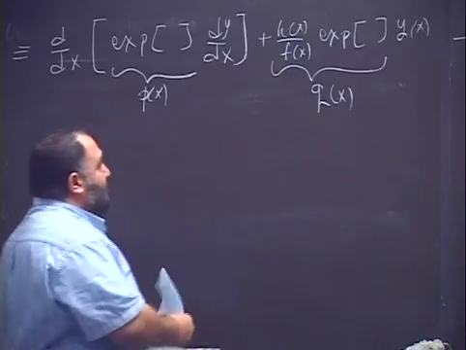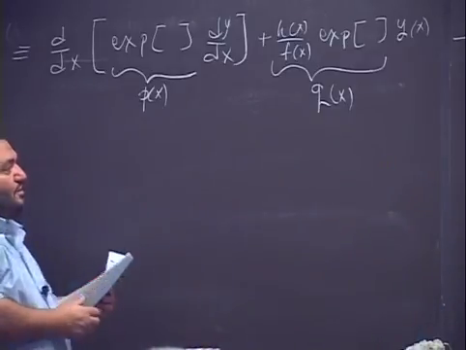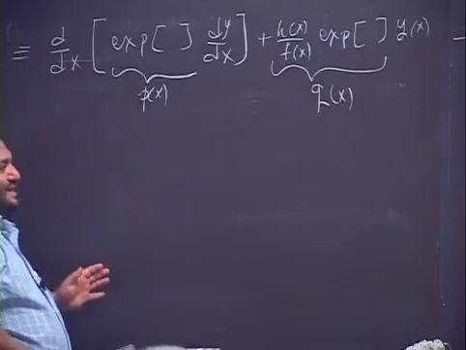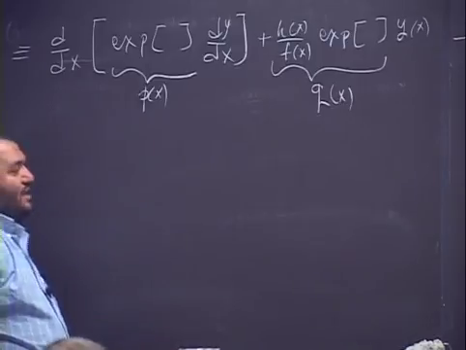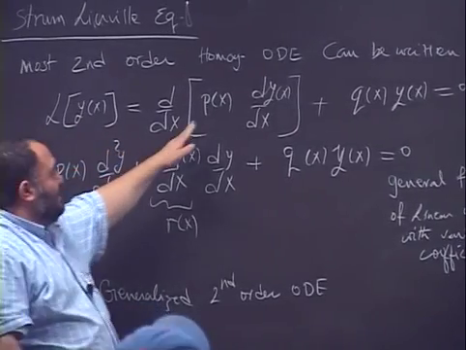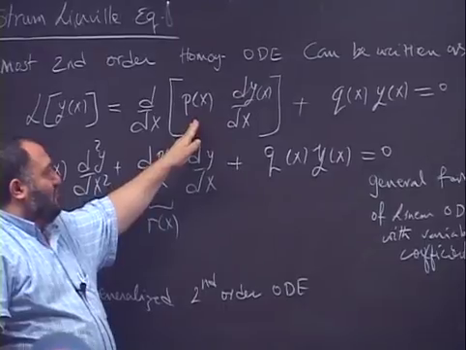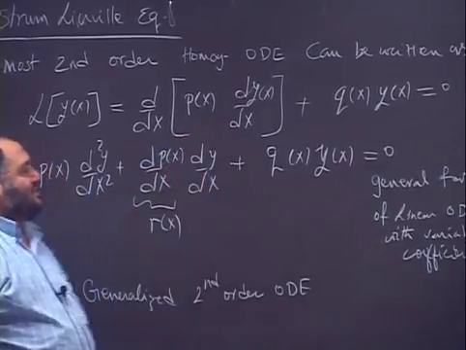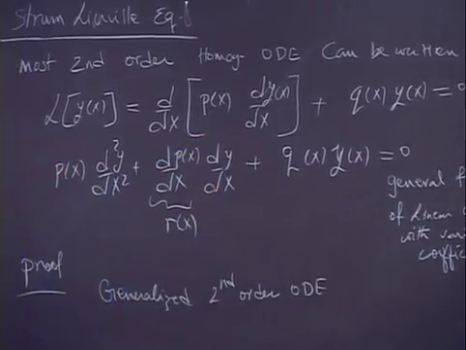So this is the proof for the theory that you can write any second order ordinary differential equation with an operator of the form d by dx operated over p of x dy by dx plus q of x y of x.